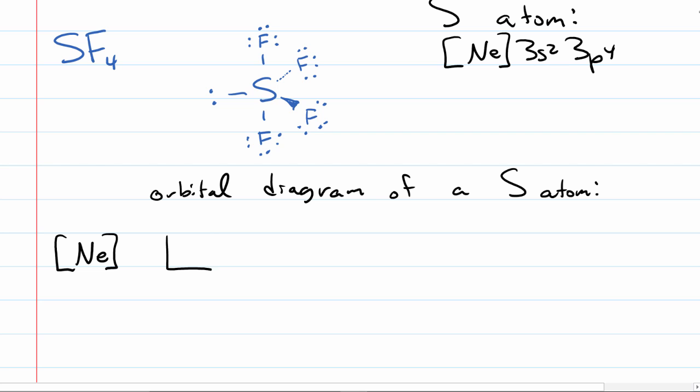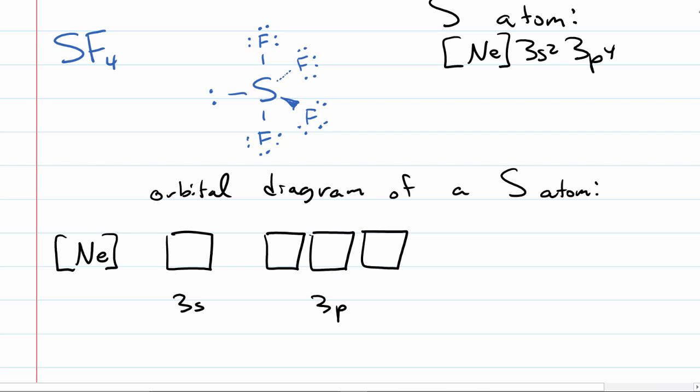And then we're going to show the 3s subshell, and then we'll show the 3p, looking something like this. And we put them in. We put in 1, 2. And in the 3p, we'd put in how many more? 4. So how should these 4 go?